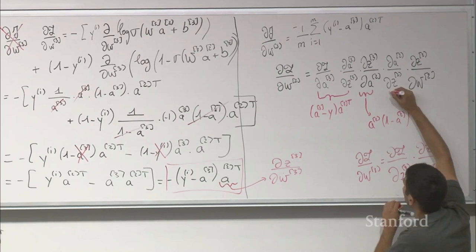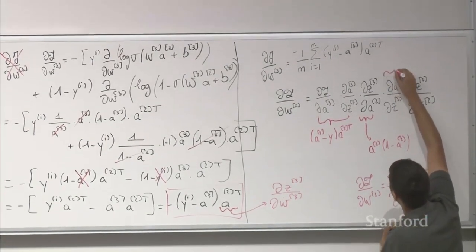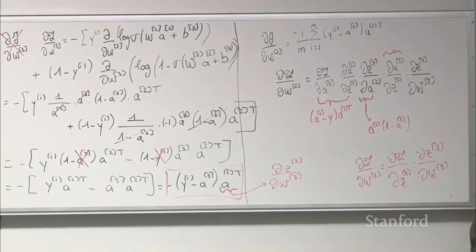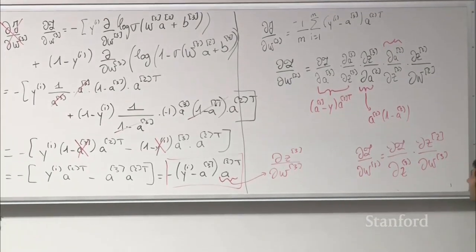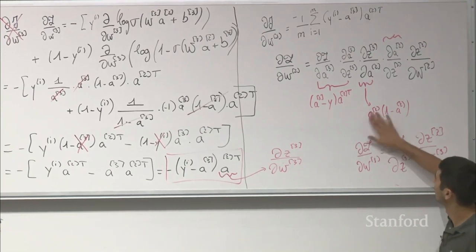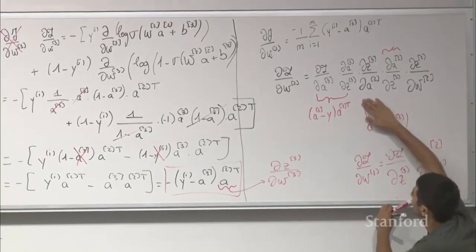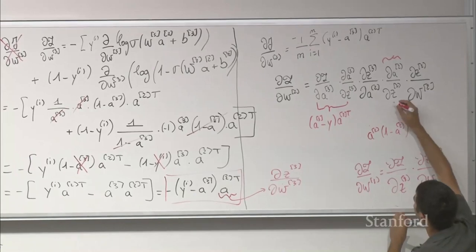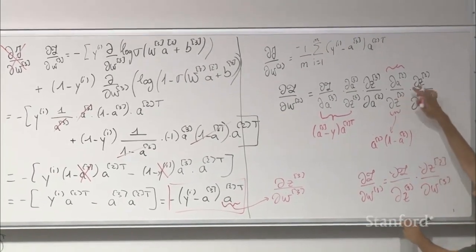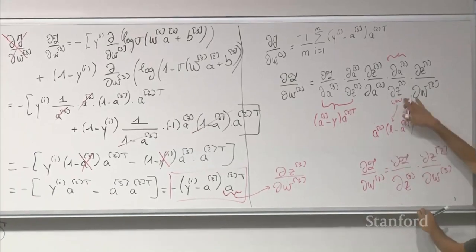What is this term? Oh, sorry, my bad. That's not the right one. This one is that. Yeah, this one is sigmoid. A2 is sigmoid of Z2, so this result comes from this term.